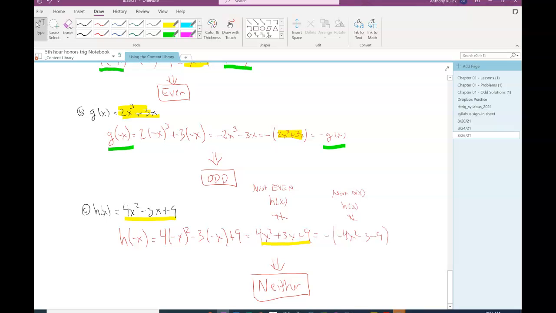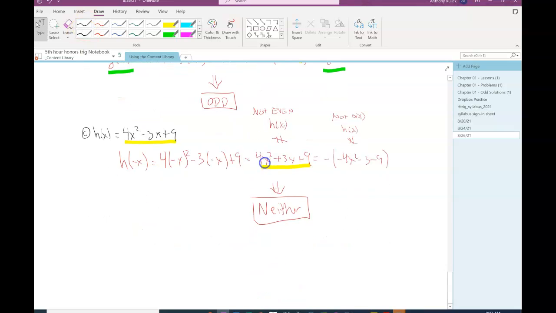So what we would say is, at least initially, the sum of even degree monomials is an even function.